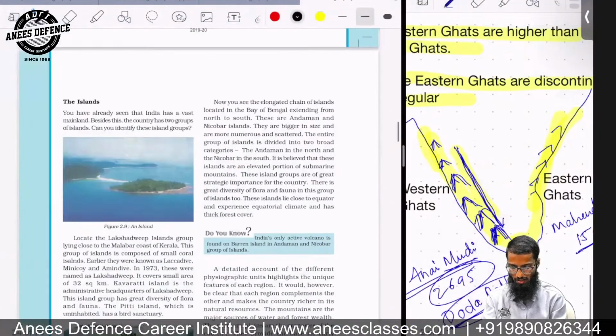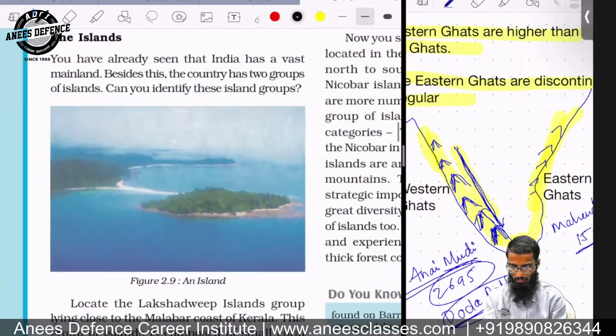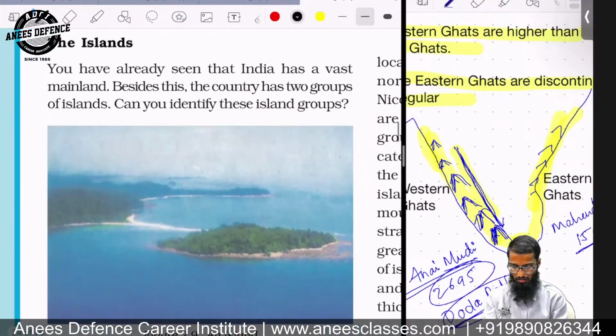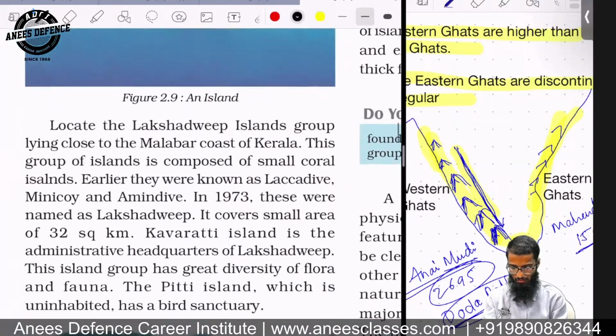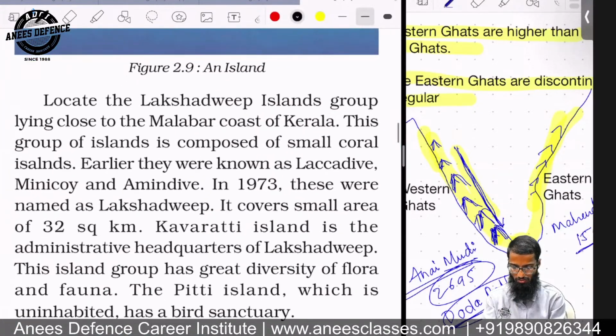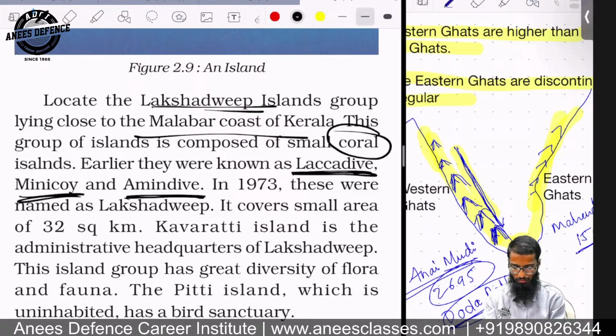Next is islands. Now we will talk about Lakshadweep, just close to the Malabar coast. This group comprises small coral islands called Laccadive, Minicoy, and Amindivi. So these 3 island groups are there.